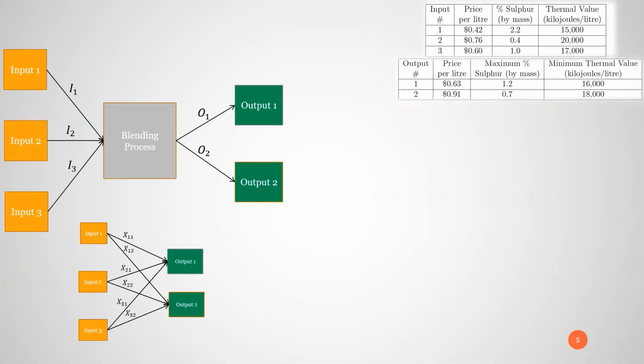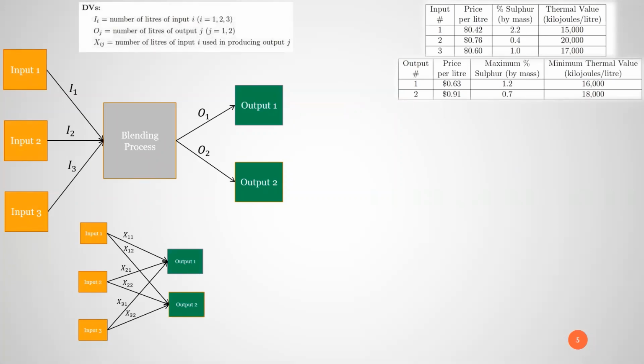As you can see in the figures that I have provided for you, I have different inputs there, the output there, the blending process there, and based on the explanations that I provided in the previous slides, you can see those relations, the portions, the amount of liters that we use from input number 1 to output number 1, and from input number 1 to output number 2, and so on.